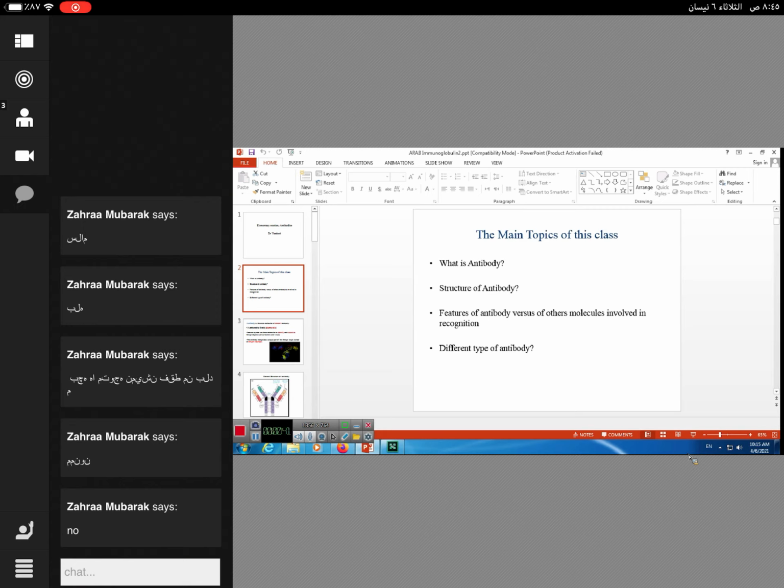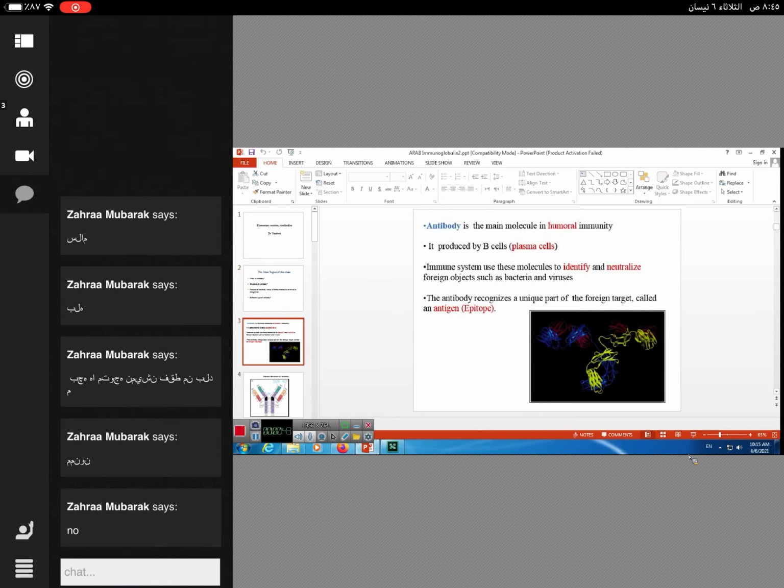As you know, the immune system is divided into innate and adaptive immunity, and adaptive immunity is subdivided into humoral and cellular immunity, and antibody is the main molecule in humoral immunity.